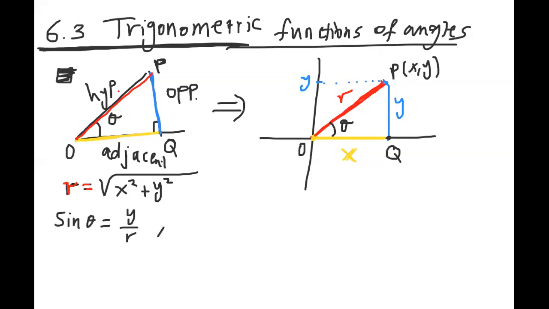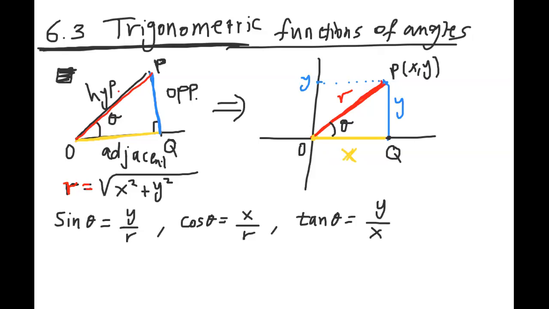The cosine of theta is x over r. And the tan of theta is y over x, the opposite over adjacent.